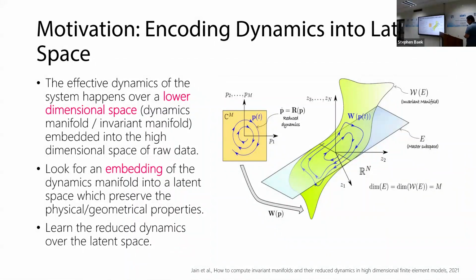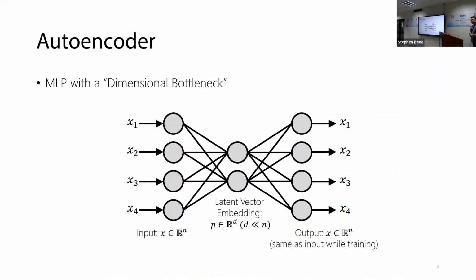If you go really deep into this, it's a very sophisticated topic, which requires differential geometry and things like that. But today we are not here to go into that level of detail. Instead, I'm going to introduce some of the tools that are commonly used in reduced order modeling, especially the neural network tools. And then from there, we'll see some examples.